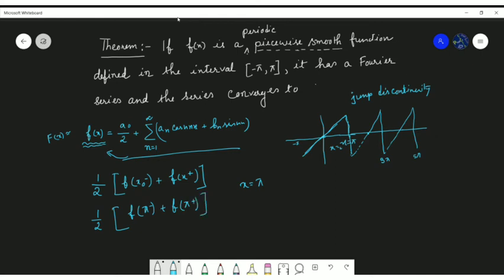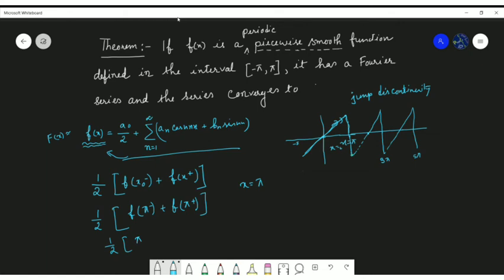Pi minus means if you approach this point from the negative direction, like from this way, what will be the value of this function? It will be pi.